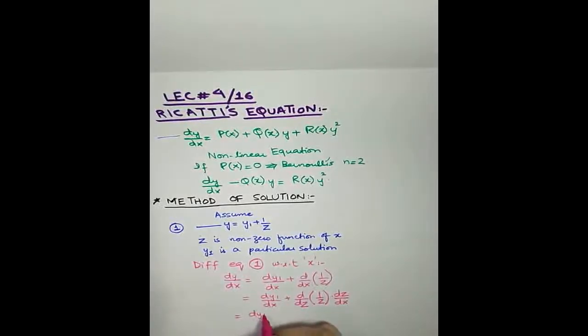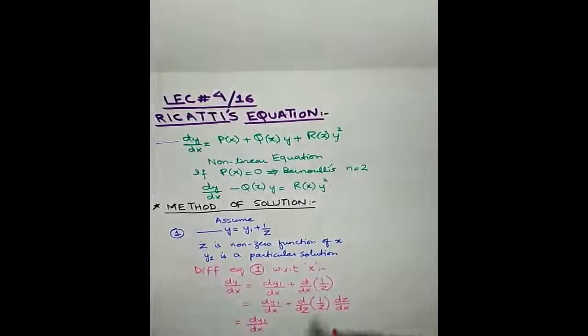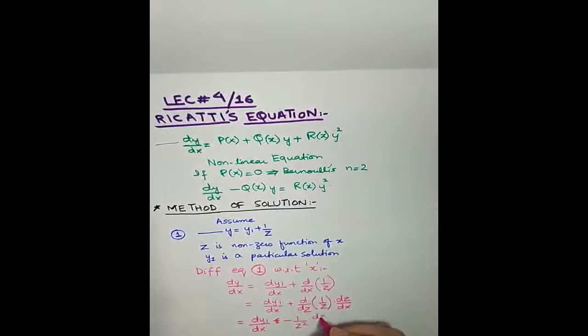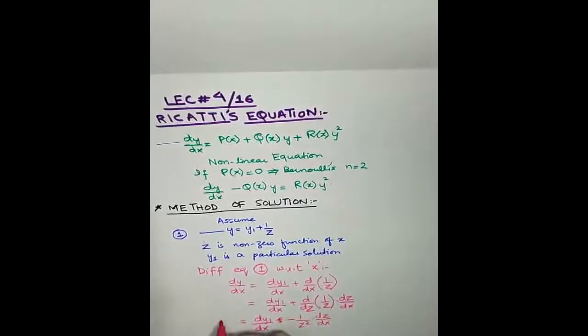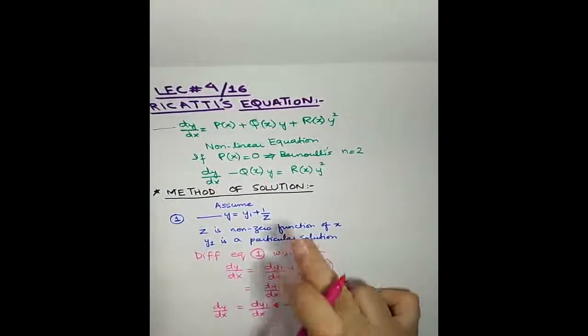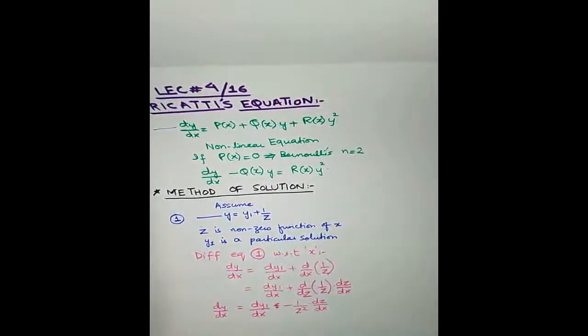So dy1 by dx plus, 1 by z has the derivative, z to the power minus 1 has the derivative minus 1 by z square into dz by dx. So that is the first derivative of this assumption, right?